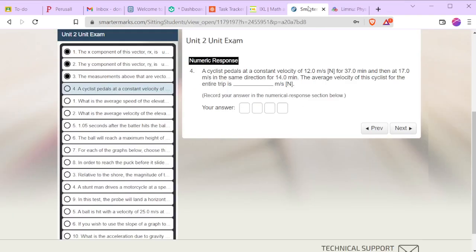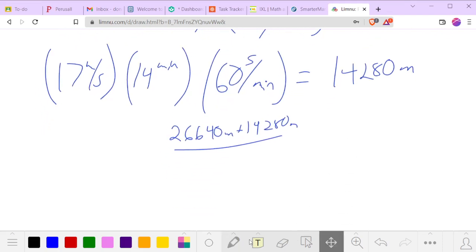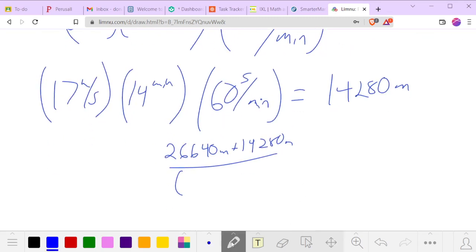And now we're asked for meters per second, and everything here is north. So our total distance traveled is in our numerator, our total displacement, but it's all northbound. And in our denominator, we have our 37 plus 14, both minutes, times 60 seconds per minute.